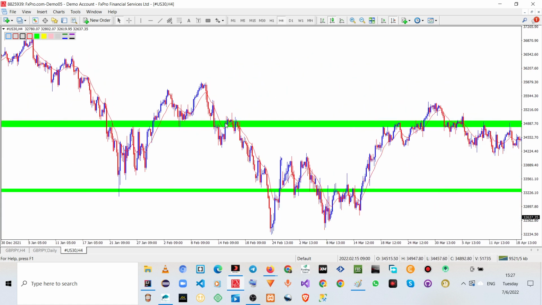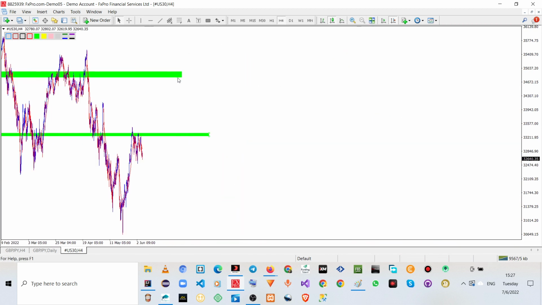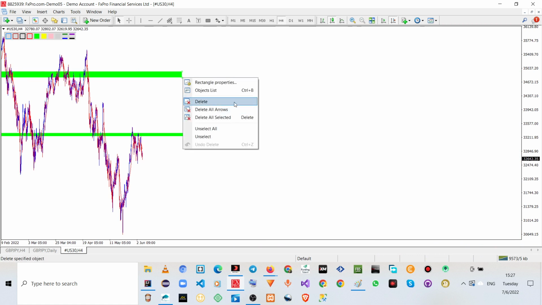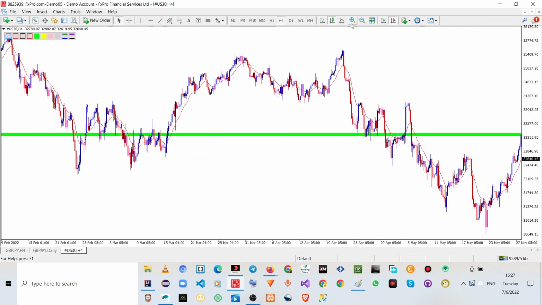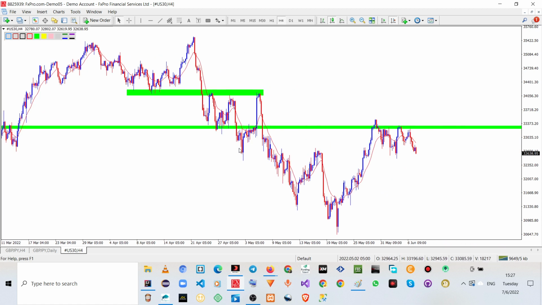So yeah, this one now, let me delete this, it's causing some things not to be clear right here. So for this area we have our support, broken, then resistance. It's clear, guys, clear and easy, beautiful. Then for this one we have our support, broken, resistance right here.